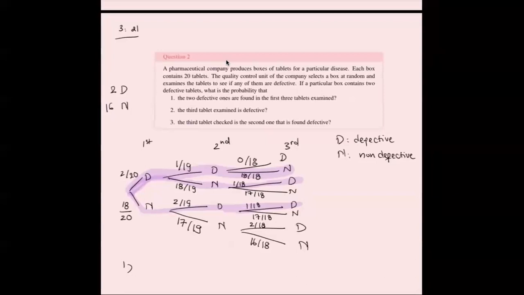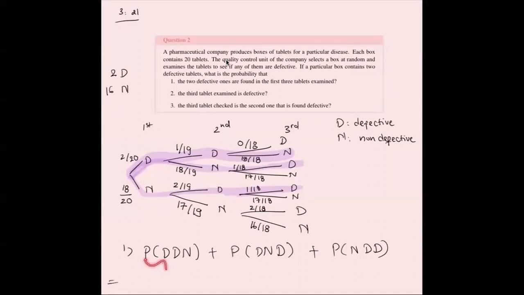In order to calculate the probability that there are two defectives, we just need to add the probability for each of the cases together. We are having three cases here. We will add the probability of defective, defective, and non-defective. D and N and D. Non-defective, defective, and defective.